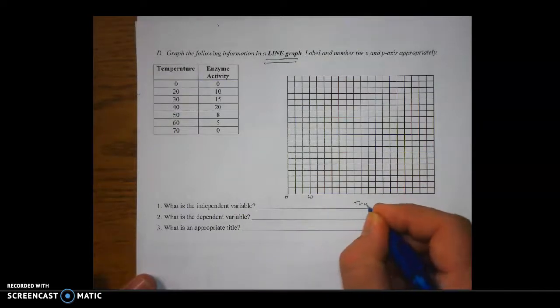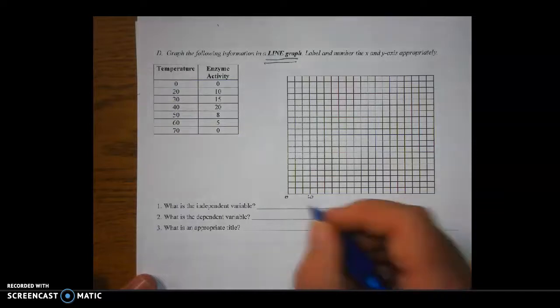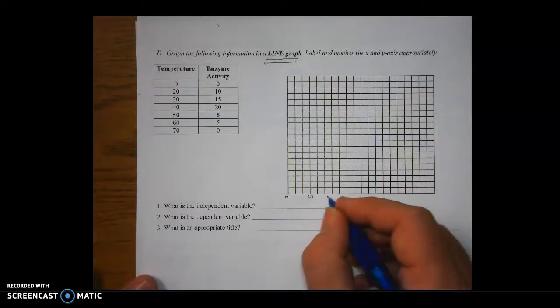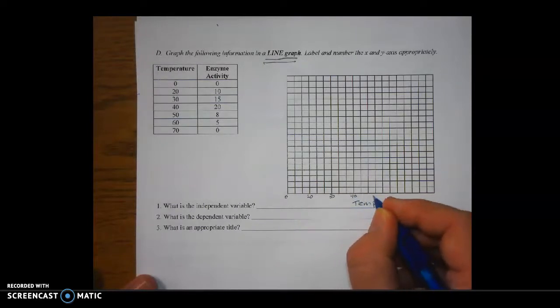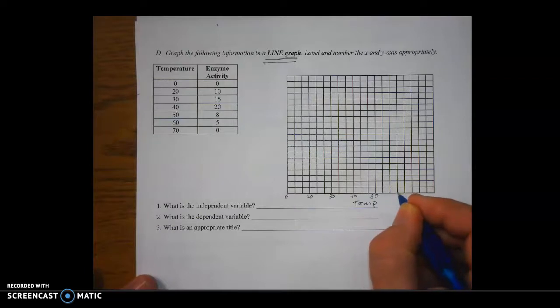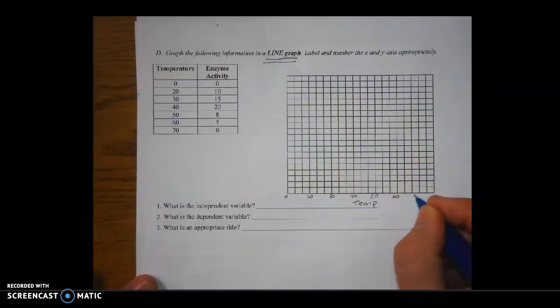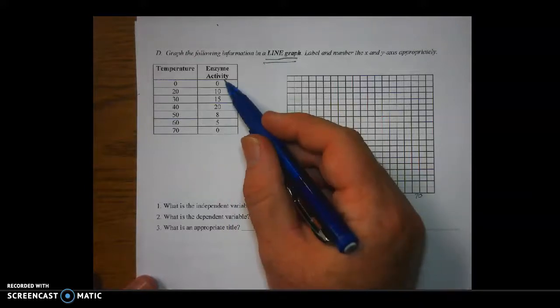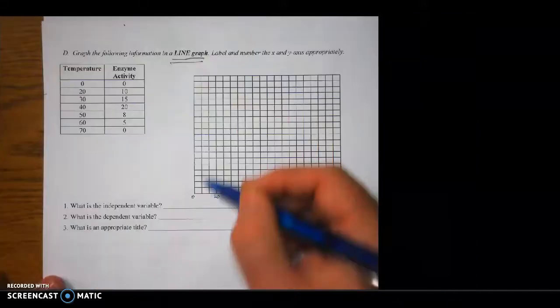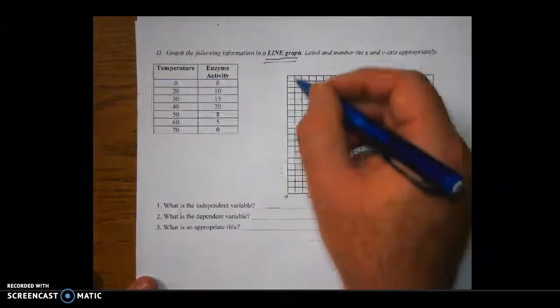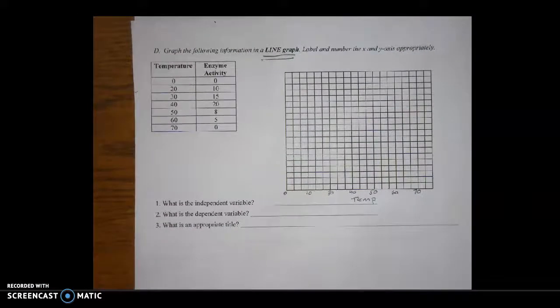This is our independent variable, the temperature. So it's 20, count 3, 30, 3, and so on, and 1, 2, 3 gives us 70. And now our range here is up to 20, and we have 20 squares, so each of these will be 1 each. And I will let you complete that. If you have any questions, go ahead and message me.